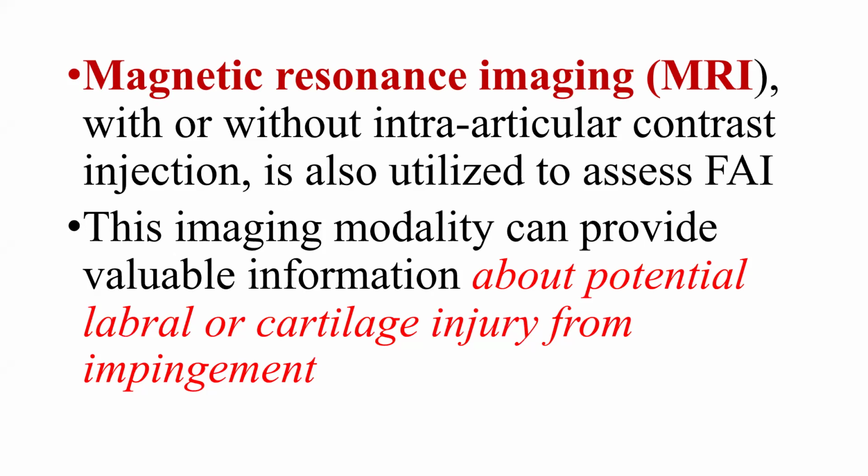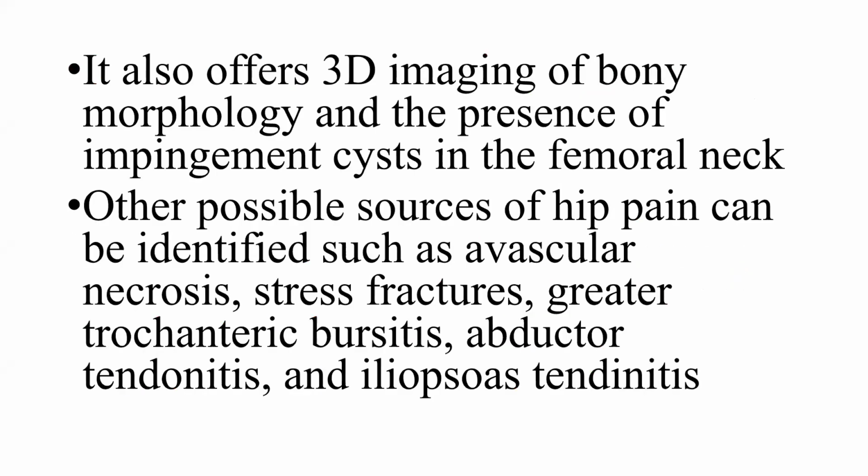It also offers three-dimensional imaging of bony morphology and the presence of impingement cysts in the femoral neck. Other possible sources of hip pain can be identified, such as avascular necrosis, stress fractures, greater trochanter bursitis, abductor tendonitis, and iliopsoas tendonitis.